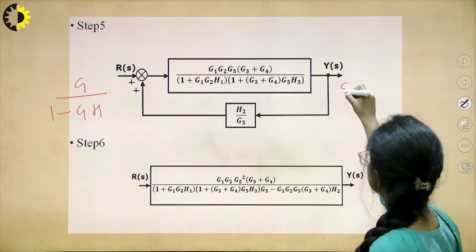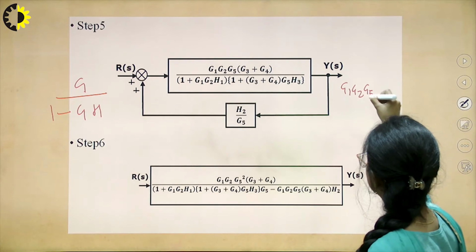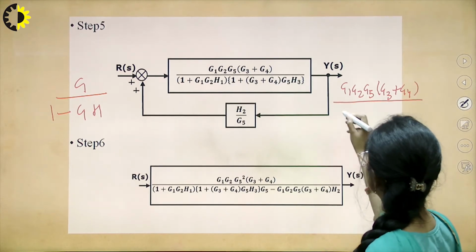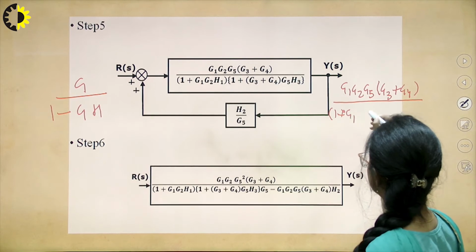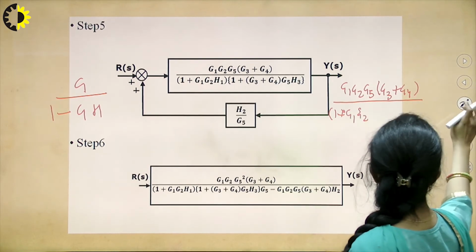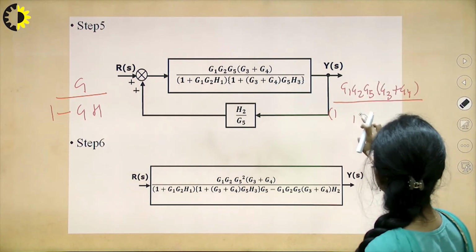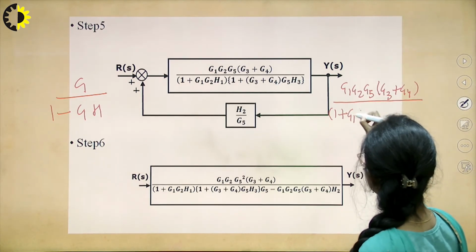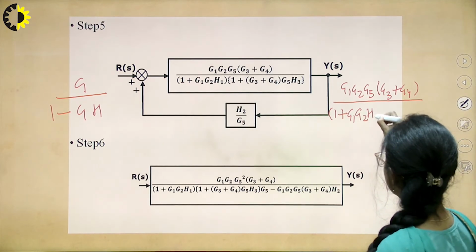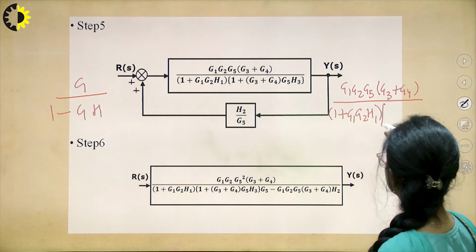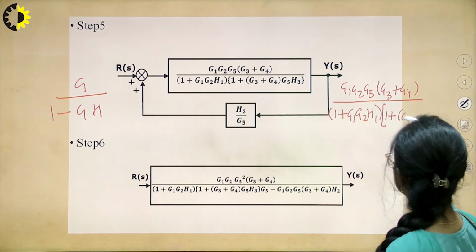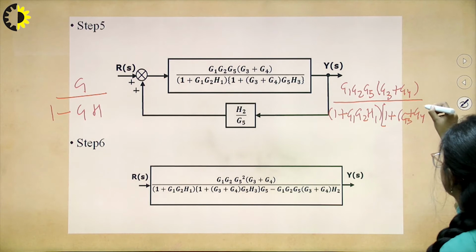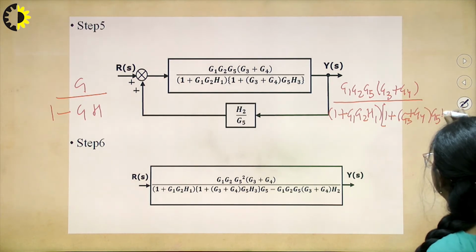So here G1, G2, G5 into G3 plus G4 upon 1 plus G1, G2, H1 into 1 plus G3 plus G4 into G5, H3.